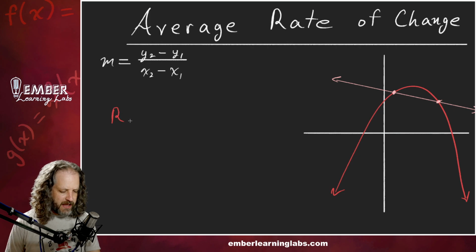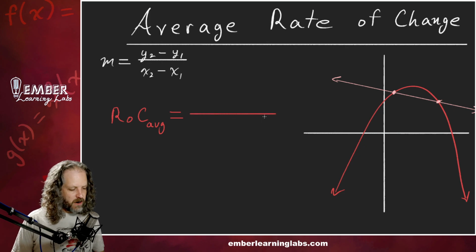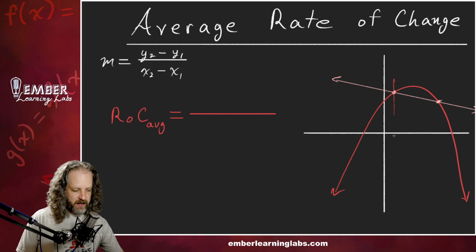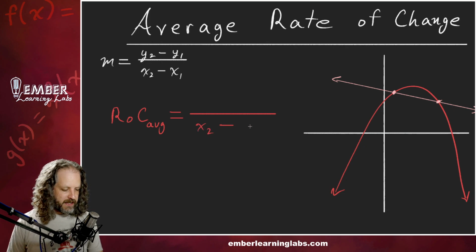To find the average rate of change, we do the same-ish thing. For the x part, it's just fixed: this to this, so we just have x2 minus x1. It's just the difference of the x's.